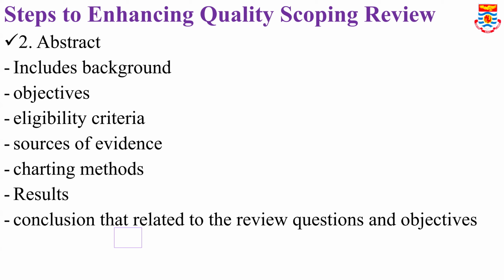So on this part 2, objectives is easier, eligibility criteria may be easier, sources of evidence may be easier. What I want you to look for is charting methods in addition to what you are looking for. The results is easier to see, conclusion is easier to see.